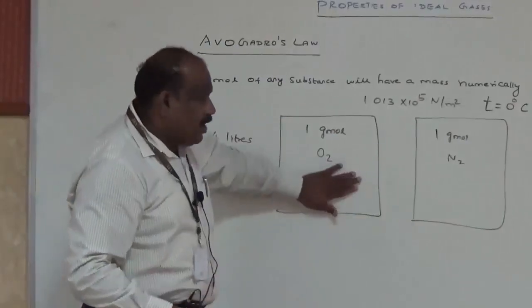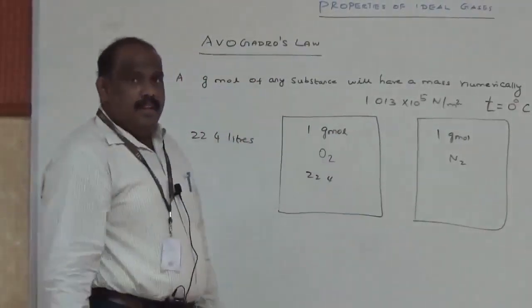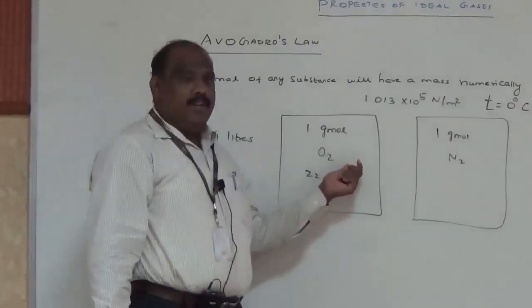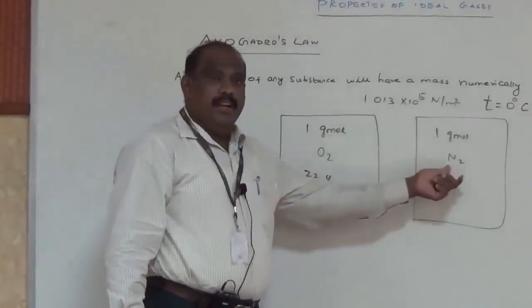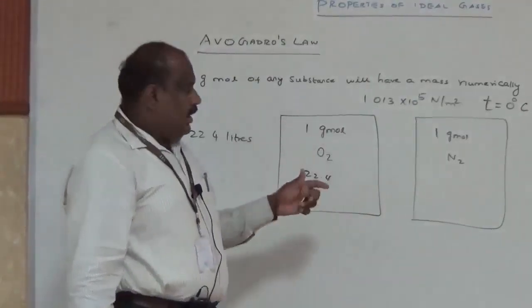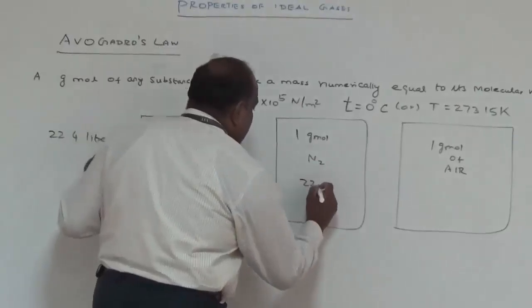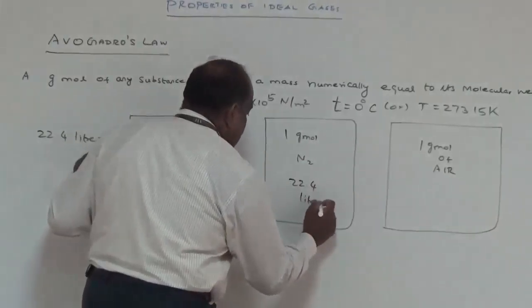So the volume occupied by oxygen must be equal to 22.4 liters only, even though its molecular weight may be different. Here the molecular weight can be 28. For air it may be different. But the volume occupied by all 3 substances will be 22.4 liters.